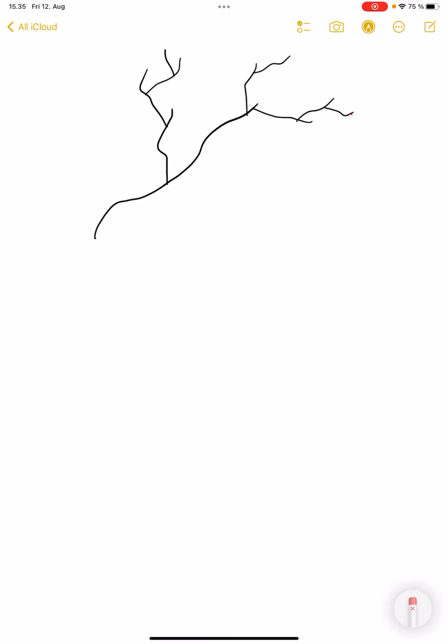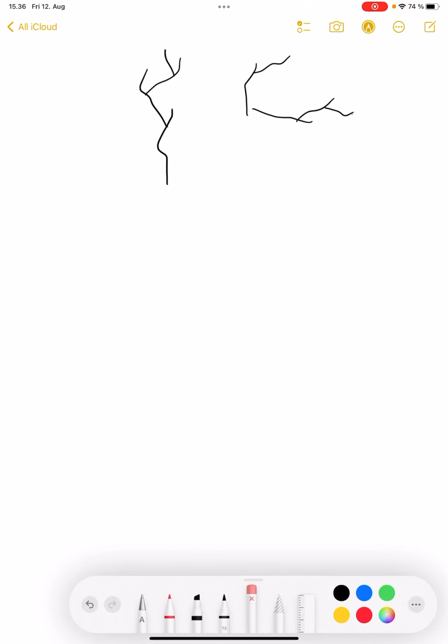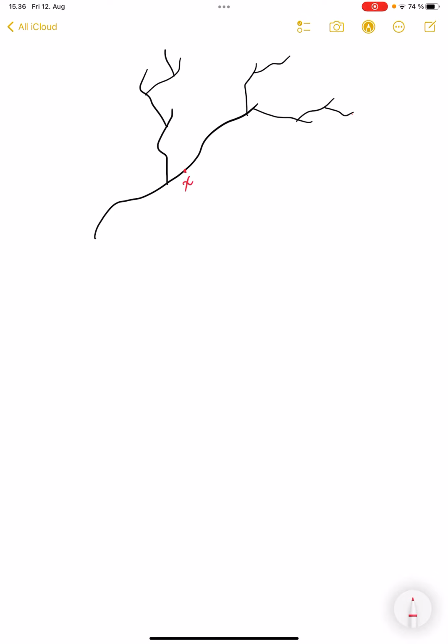And it's easy to see why this is equivalent. This has to be equivalent to having unique arcs. So suppose there is X here and there's Y here.